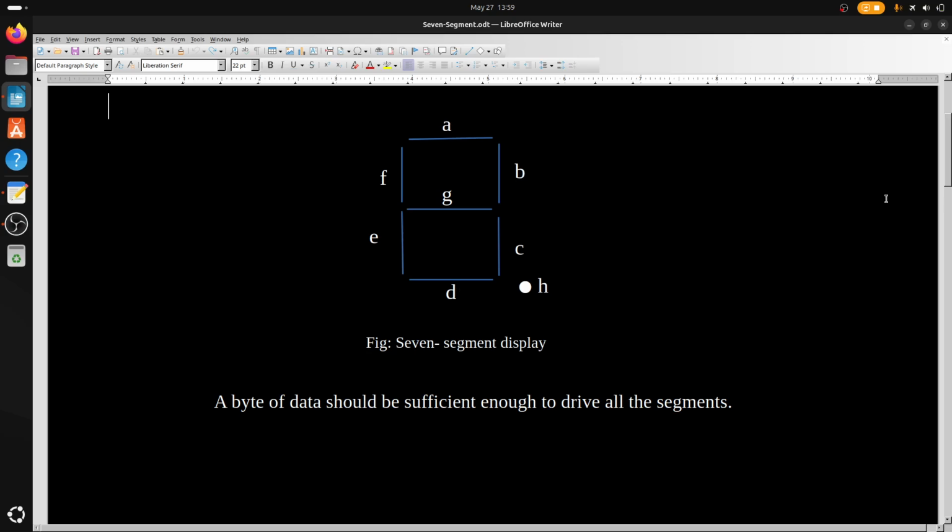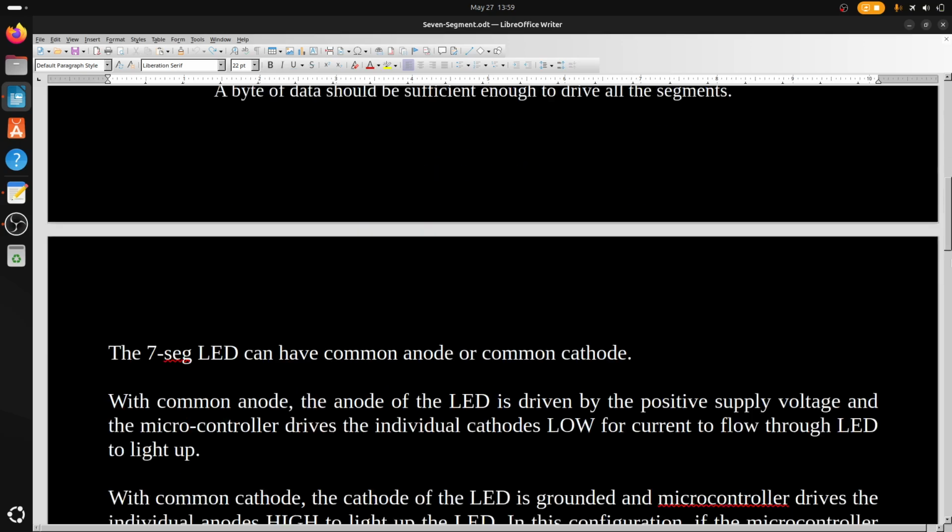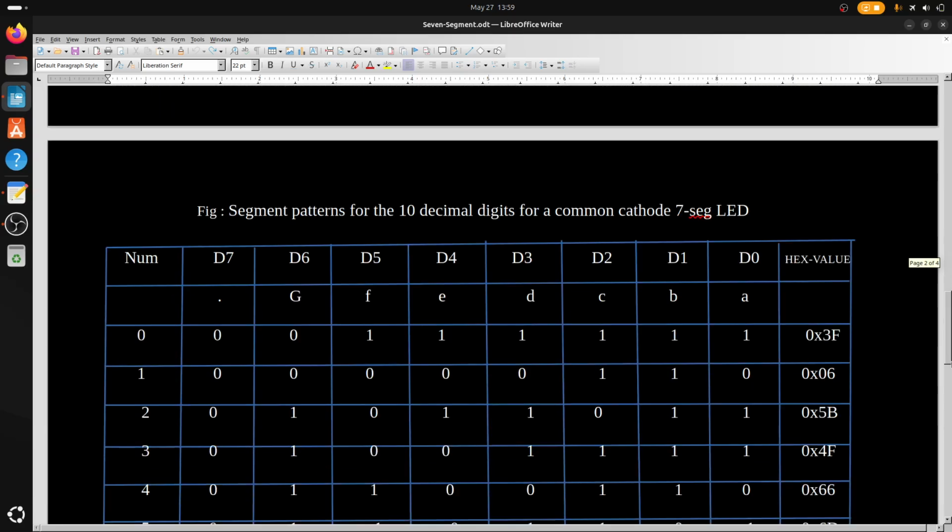H can also be represented by the dot. So the 4 bits combined make 1 hexadecimal digit.